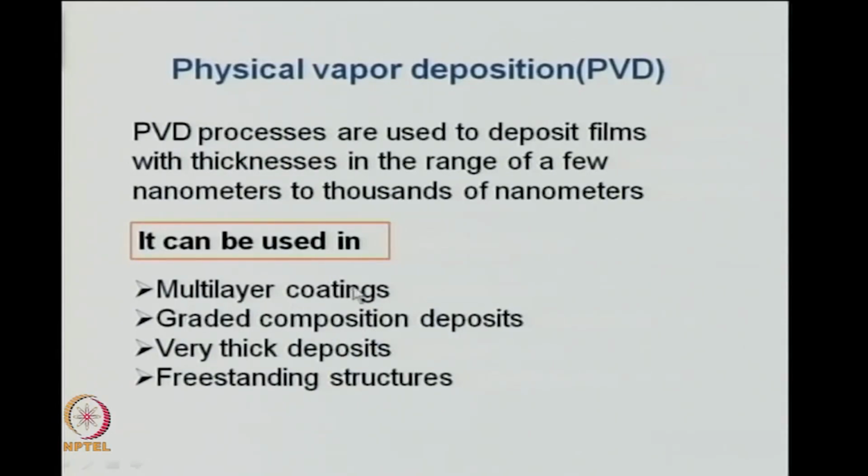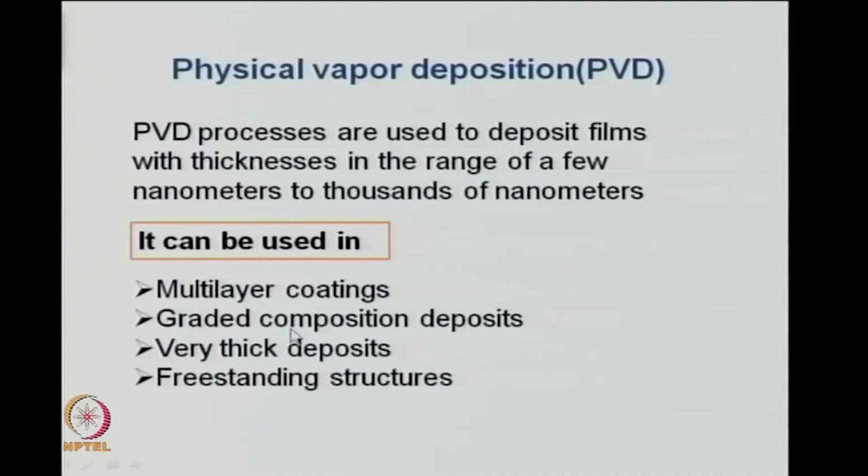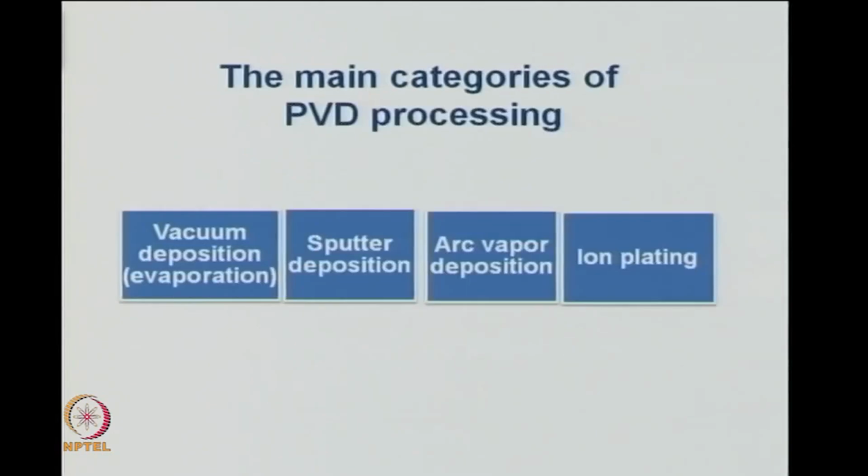You can have multilayer coatings, that means one layer of a material X on top of a material Y, and then a material Z. So, you are making different layers of different materials using PVD processes. You can make thin films to thick films. A large range of thicknesses is possible using the physical vapor deposition technique.